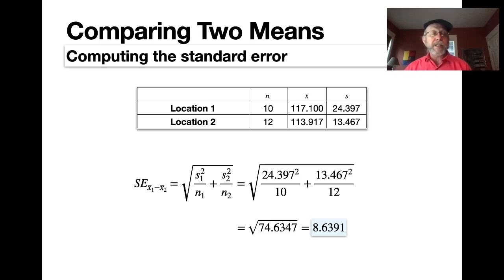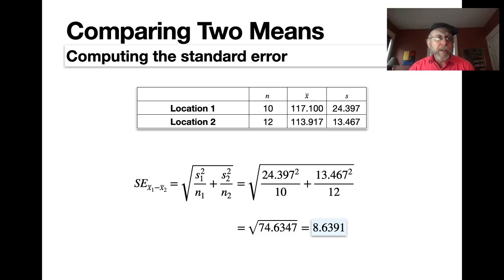So that would say that the difference between our sample means, that 117.1 minus the 113.9 and a little bit of change, that's about 3.2. That difference varies from sample to sample with a standard deviation that we estimate to be 8.6391.